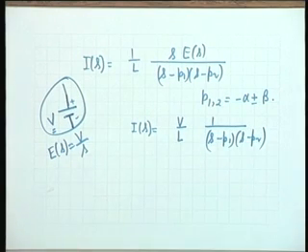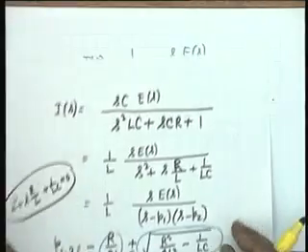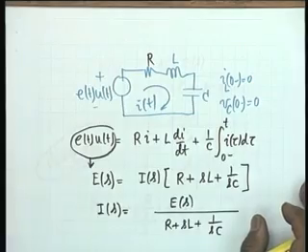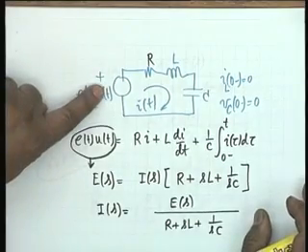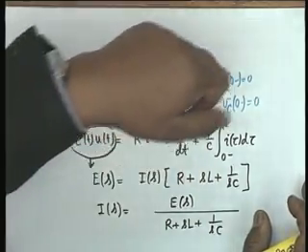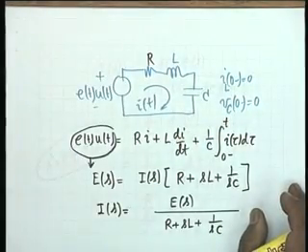We want to find the current, but before we find the current, once again we pause to look at the physical circuit. The circuit is this, and this is a battery switched on at t equal to 0. The initial conditions are: the initial current in the inductor is 0, the initial voltage across the capacitor is 0.